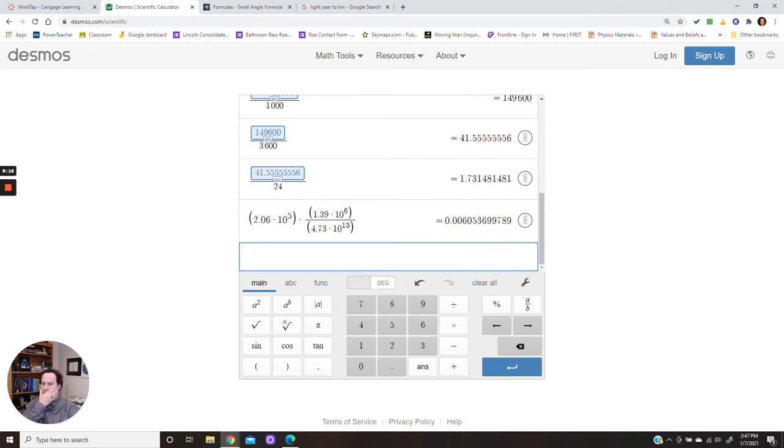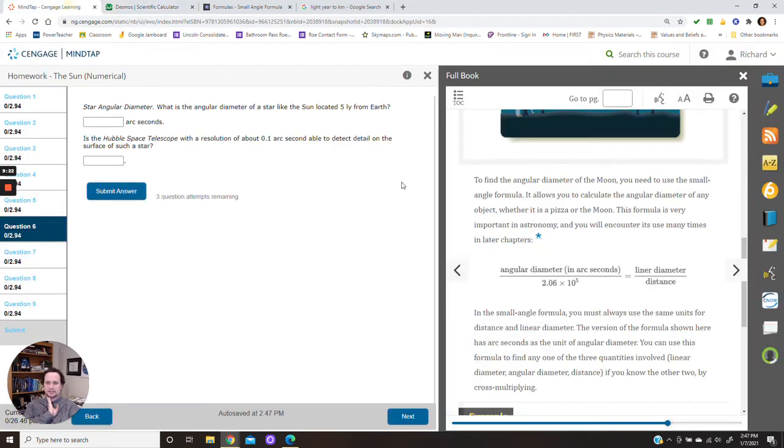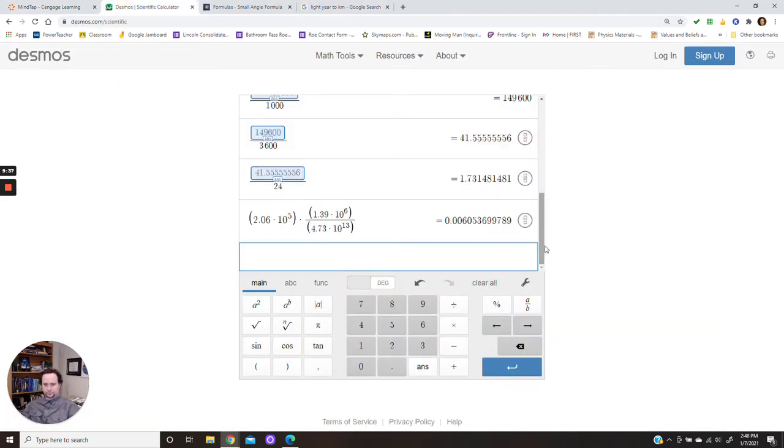I had to look up some distances and stuff. But we've got the constant that's listed here, 2.06. All right, so we're solving for this, which just means we have to multiply each side by the bottom term, the linear diameter over distance. They said it's a star like the sun. The sun is 1.39 times 10 to the 6, 1.39 million kilometers across.